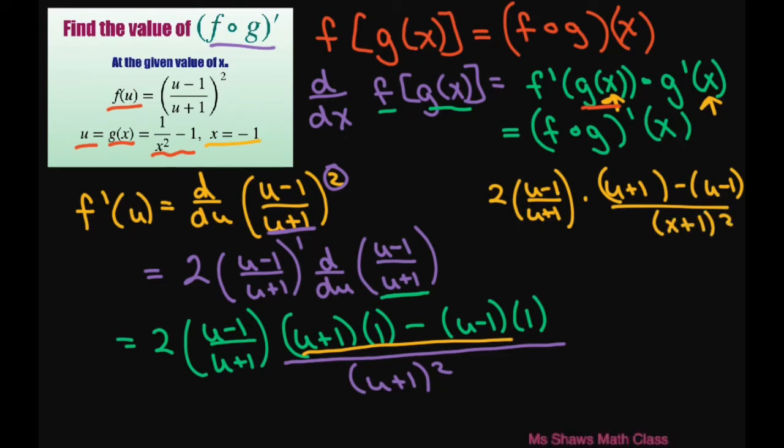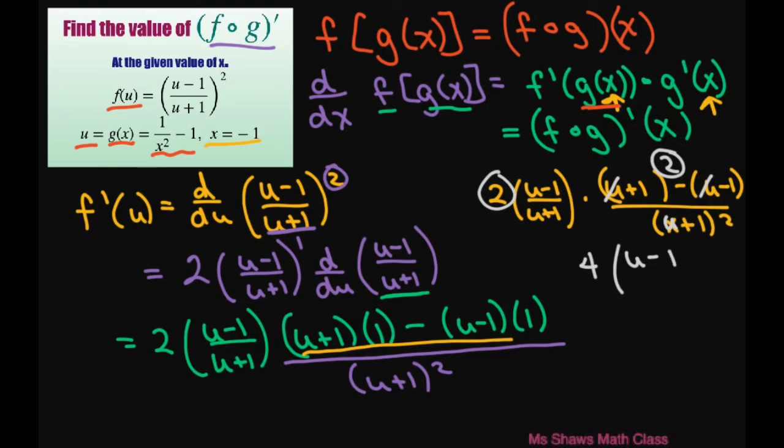Now what happens is the u's will cancel out, and you're left with 2 here. So 2 times 2 is 4, and then you're going to have 4 times u minus 1.